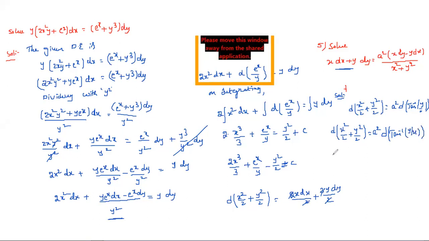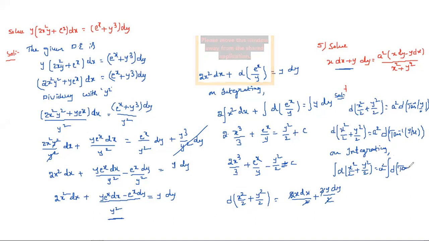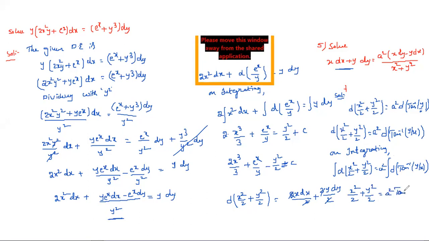And now applying integration on both sides, the integral of the derivative of x² by 2 plus y² by 2 is equal to, a² is a constant, the integral of the derivative of tan⁻¹(y/x). And now the derivative and integration both cancel, and then we get x² by 2 plus y² by 2 is equal to a² tan⁻¹(y/x) plus constant c.